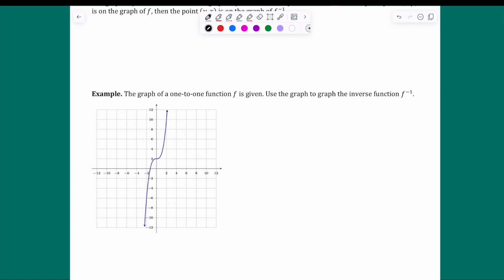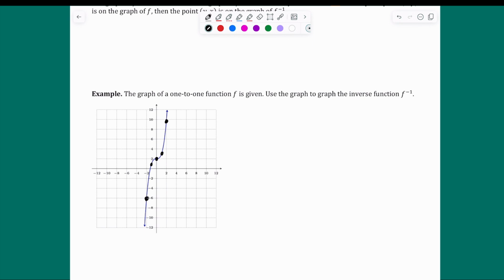Looking at this graph, which is the graph of f, let's identify some points on the graph. Here is one point, and other points we could use would be (negative 1, 1), (0, 2), (1, 3), and it looks like (2, 10). Let's keep track of that.